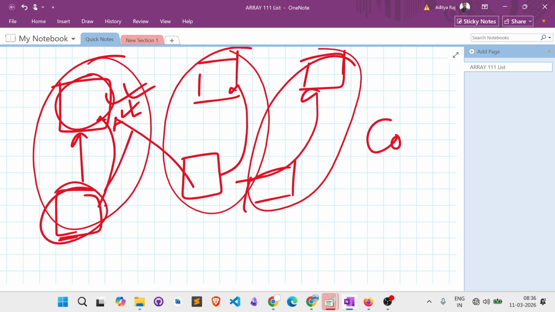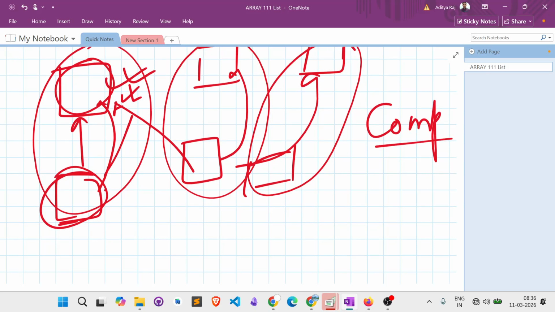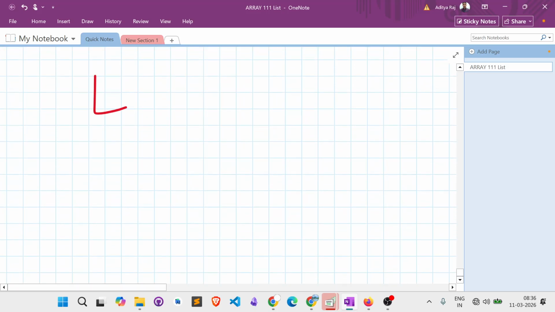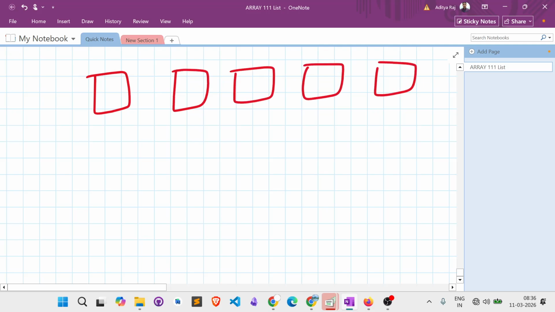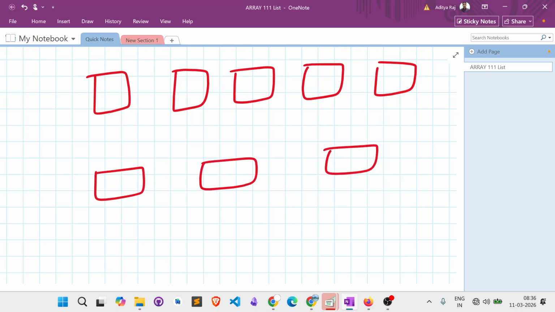So the compute engine is responsible for computing. You can understand it this way: maybe we need to process this much amount of data, and data comes in chunks. This is the compute engine, maybe 4 to 5 compute engines. Right now the processing is performed inside this compute engine.